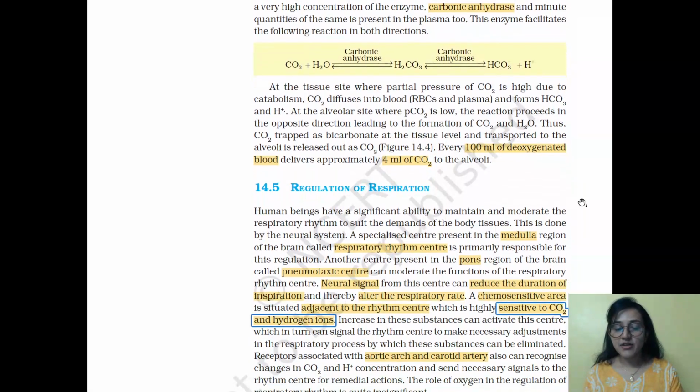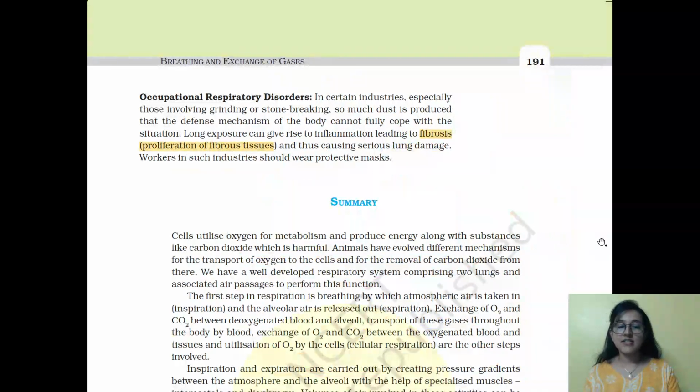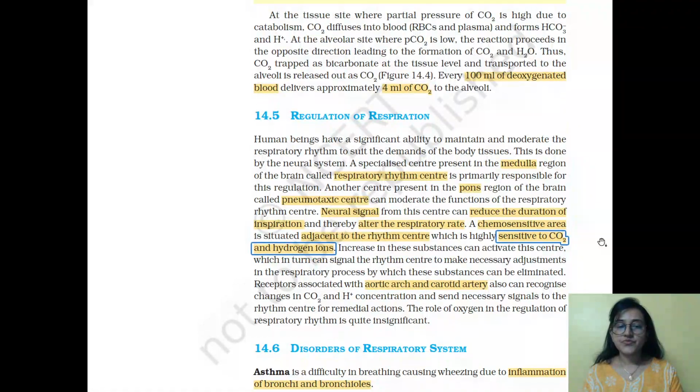Now the last and most important part, regulation of respiration. You will learn about this more in the higher classes. Human beings have a significant ability to maintain and moderate the respiratory rhythm to suit the demands of the body tissues.